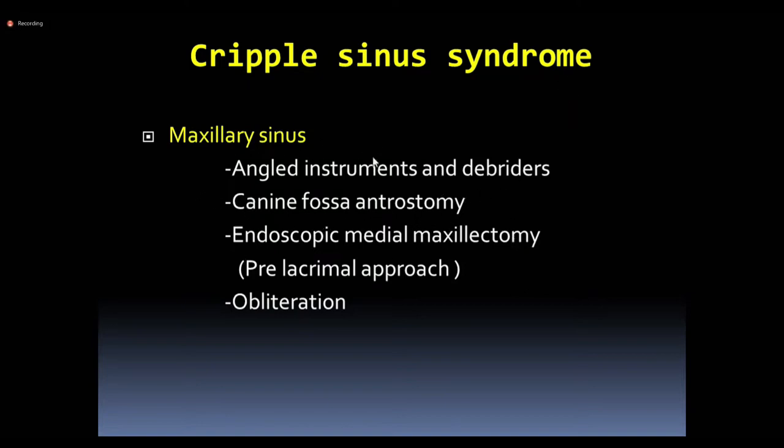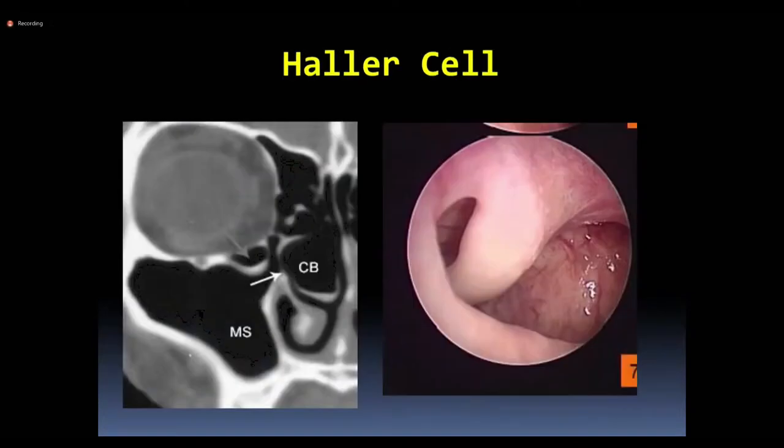You really need to remove all that and give a wide drainage. You need angled instruments; canine fossa enterostomy you can undertake, medial maxillectomy, prelacrimal approach. All these, and ultimately it leads to obliteration if the fibrosis happens. So there are certain cells which pose a challenge in the maxillary sinus.